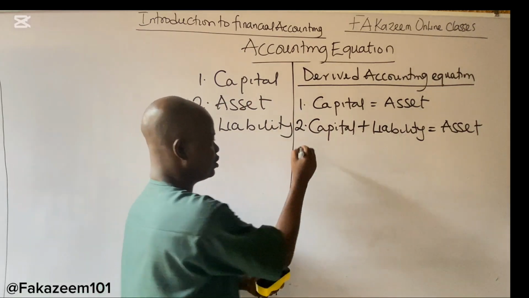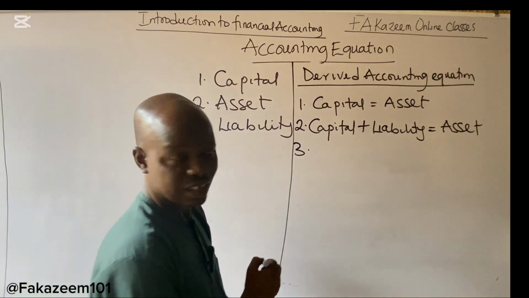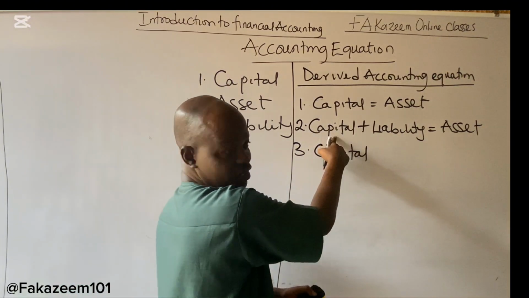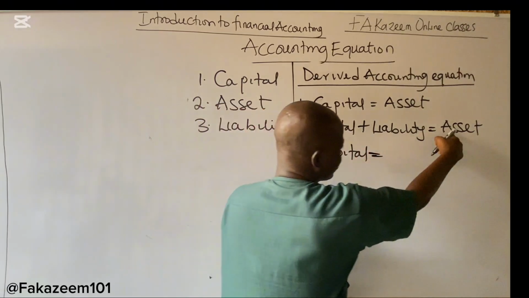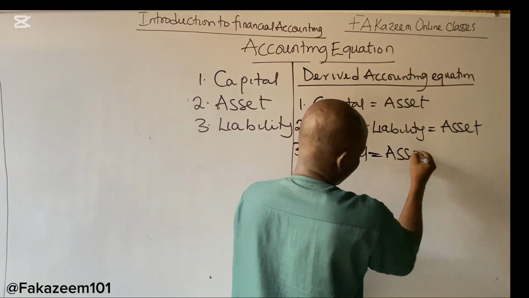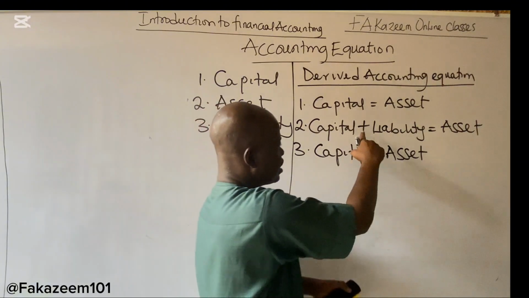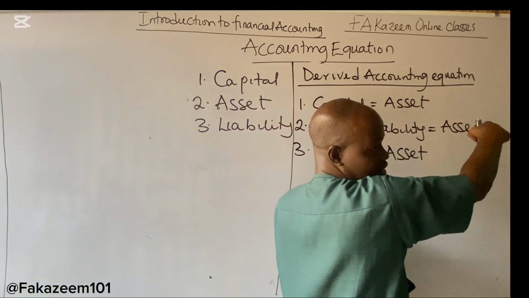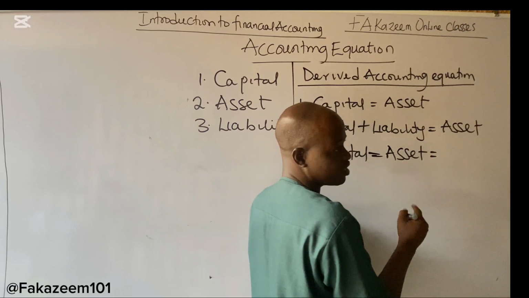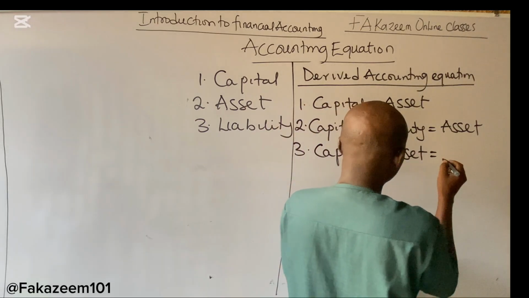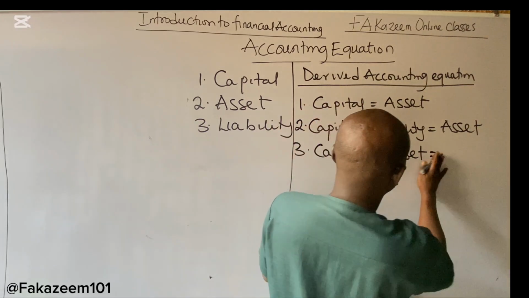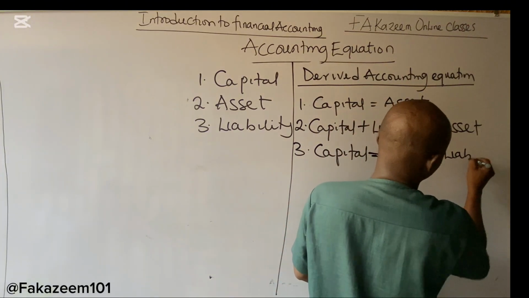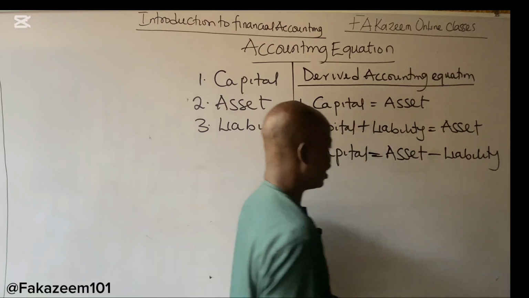The third equation is now to go mathematically. What do you mean by mathematically? Capital equals asset plus liability. If we carry plus liability to the other side, taking a like term, the plus automatically changes to minus, and that becomes minus liability.